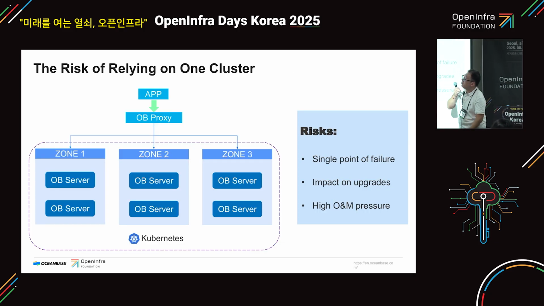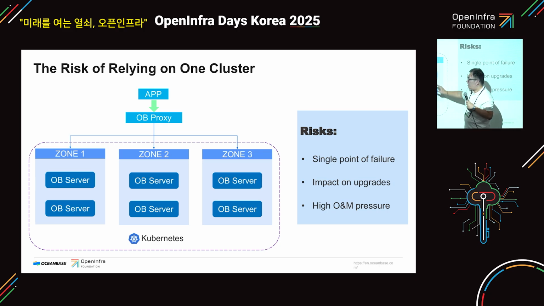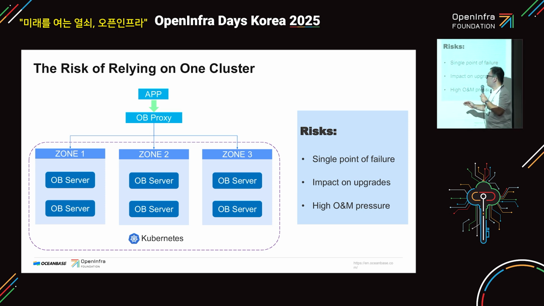Next, let's introduce how to deploy OceanBase on a Kubernetes cluster. In the beginning, we deployed all the availability zones in a single Kubernetes cluster. But depending on a single Kubernetes cluster is risky. For example, it's a single point of failure.